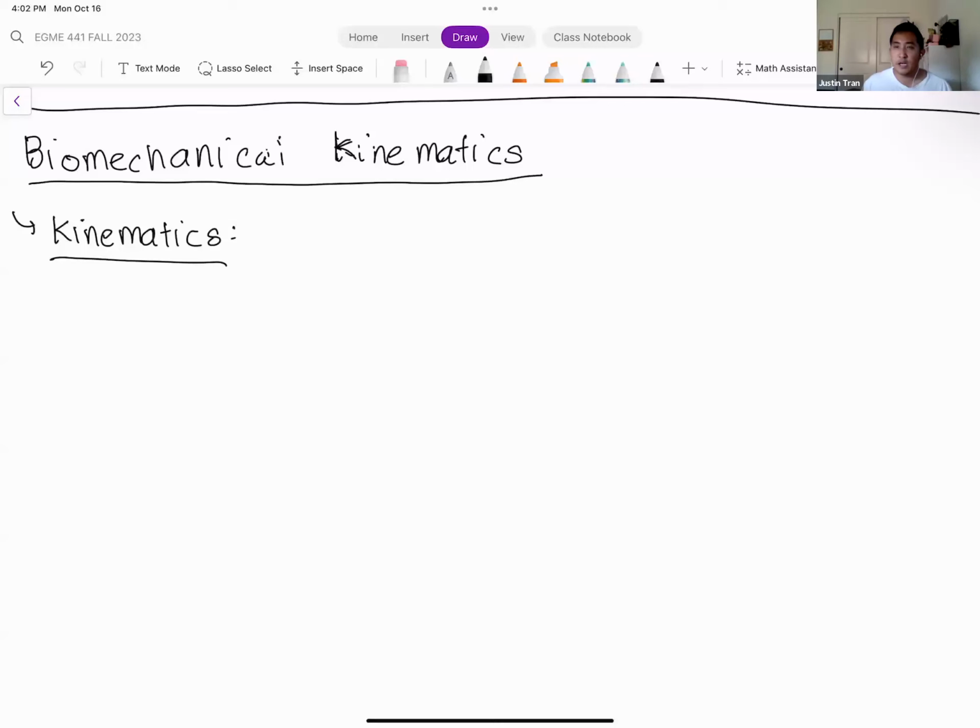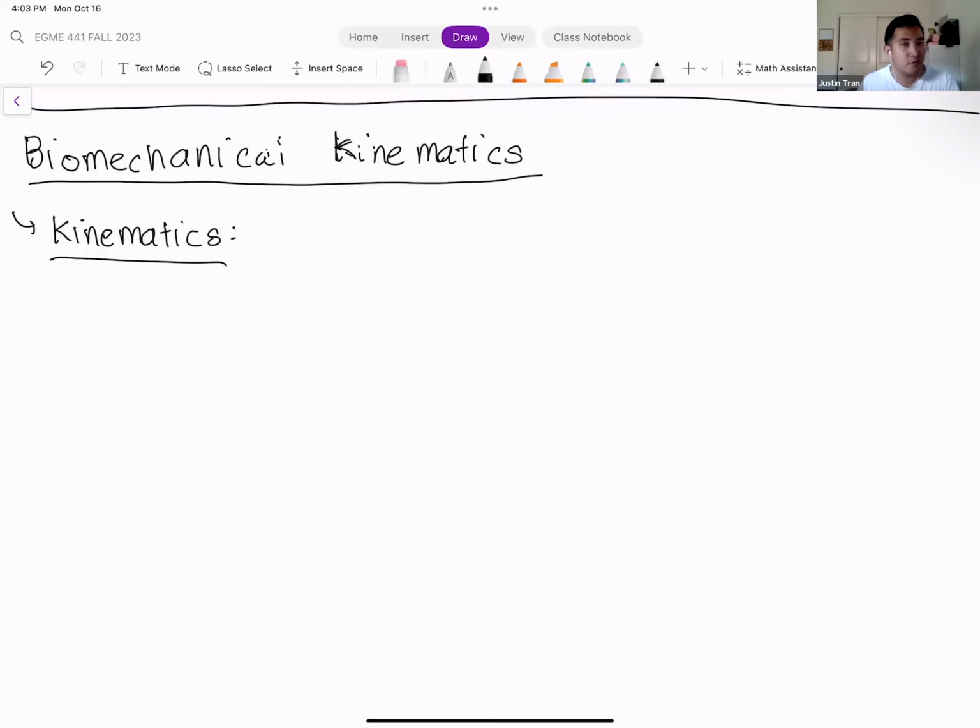I think I mentioned this briefly when we started talking about gait mechanics in general, but kinematics, I always like to think of as the language of describing motion. These are all the terms, the concepts, the definitions that we use to describe motion. Anytime you have any kind of phenomenon, whether it be scientific or anything out in the real world, we need a standard way to describe and quantify things so that everyone is on the same page in terms of understanding what we're all talking about.